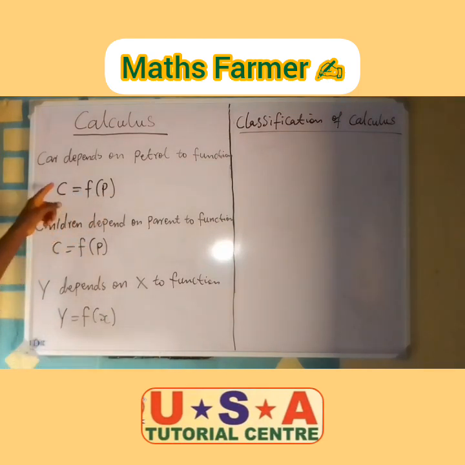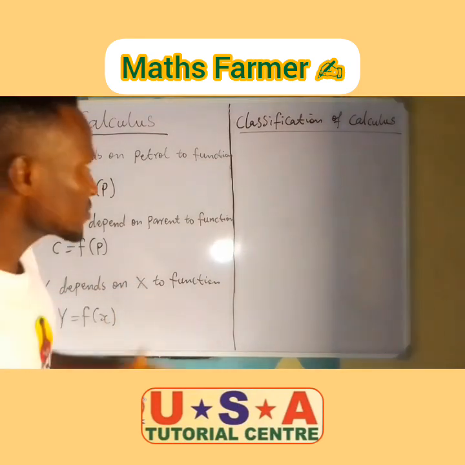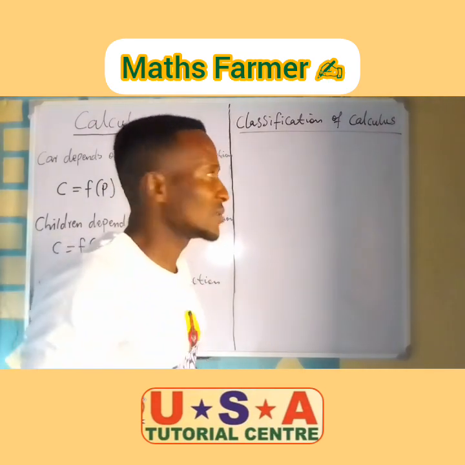Independent. That's why you can see that car is a function of petrol. Here, children are a function of parent. Here, y is a function of x, because y depends on what? X.